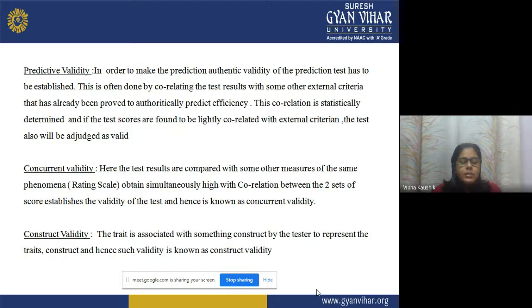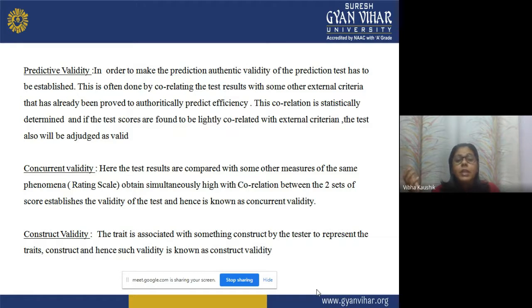Now, the next one is concurrent validity. Concurrent validity is a method of measuring validity which covers the entire range. Here, the test results that we obtain after the administration of the test are compared with some other measures of the same phenomena.